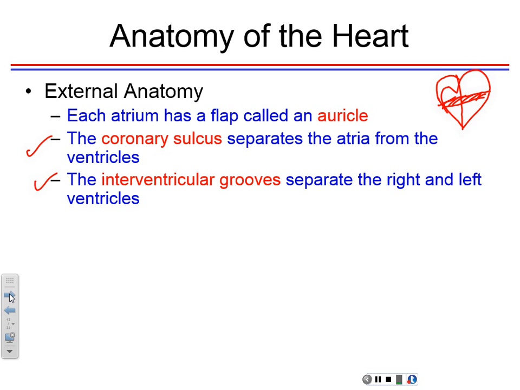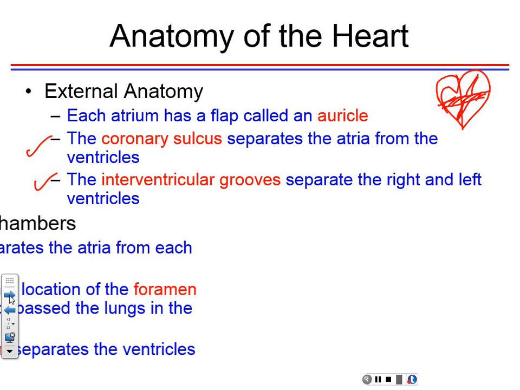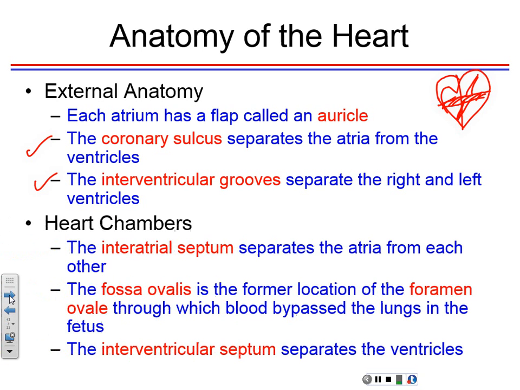The coronary sulcus goes across, and then the right and left ventricles are separated by the interventricular groove, which is diagonal. And then there is a divider between the two atria called the interatrial septum, right?